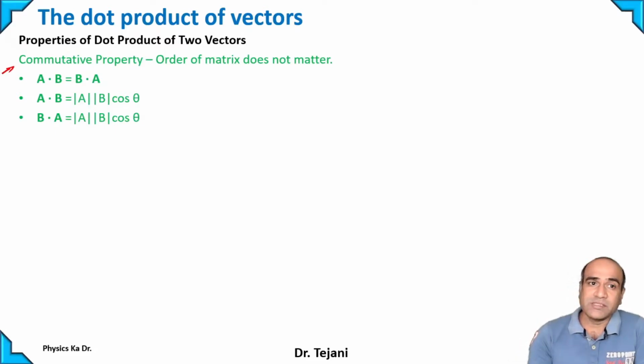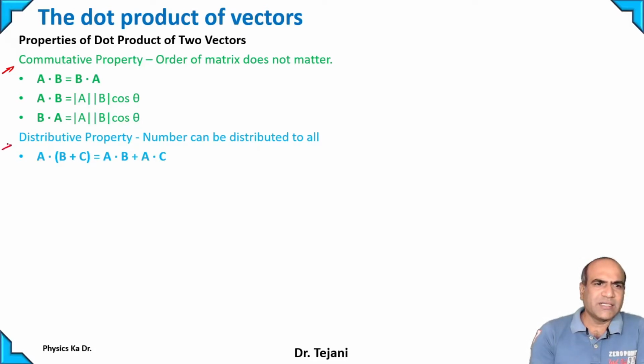Remember, you may have some questions based on this. So the dot product has a commutative property. That means the order does not matter. You can have any order. The result is similar. There is no change in the result.